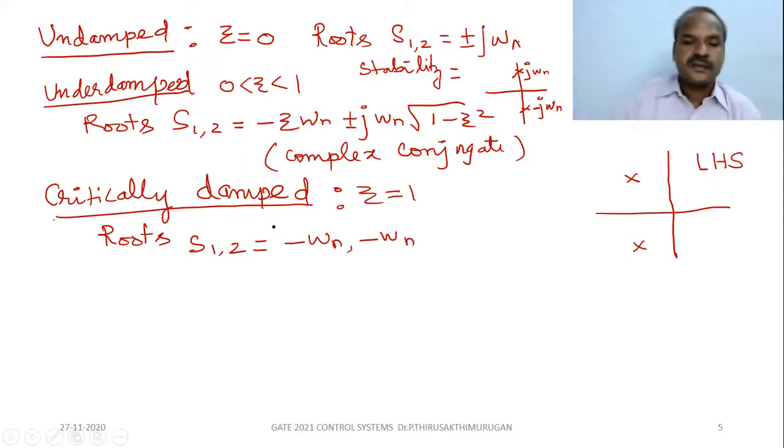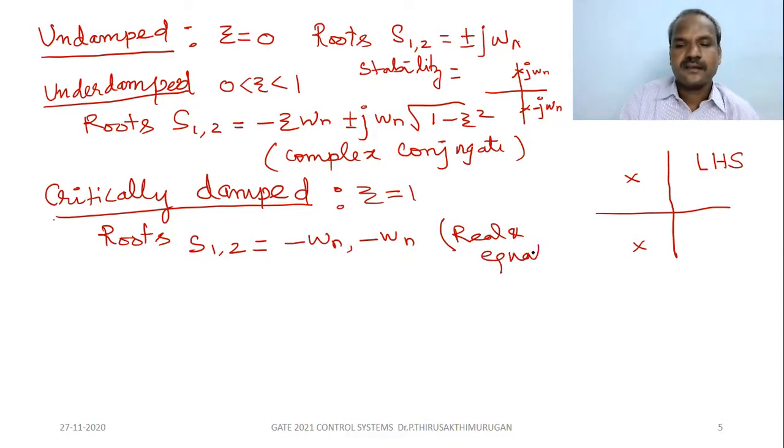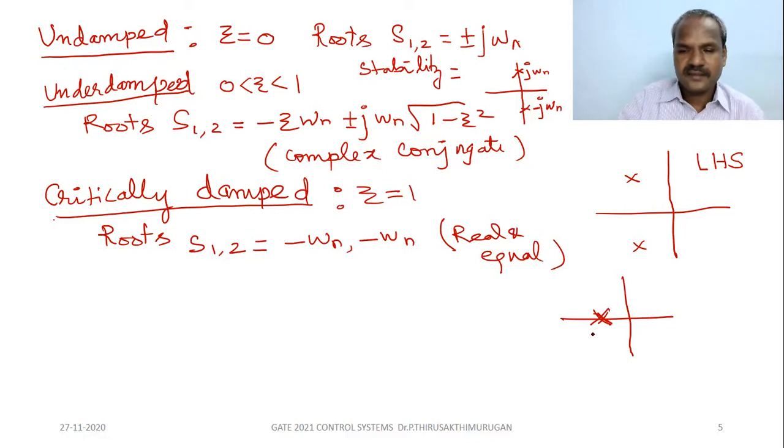What it shows is that the roots are real and equal. Understand? So both roots are in the same place, minus omega n, on the negative real axis.